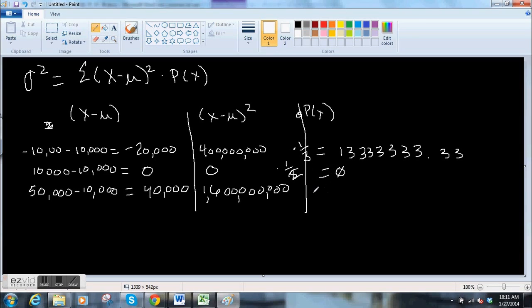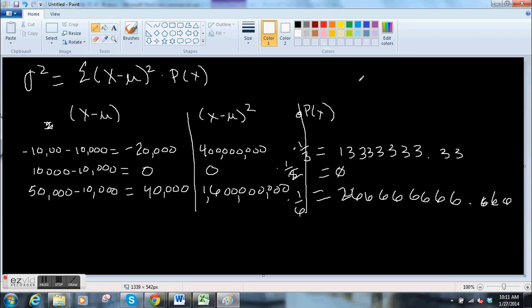And this one, so we have x is 50,000, subtract the mean, that's 40,000, square it. Now we're multiplying it by 1/6. 1/6 equals 26 followed by digits, and then point, I think it goes 6666666. Okay.